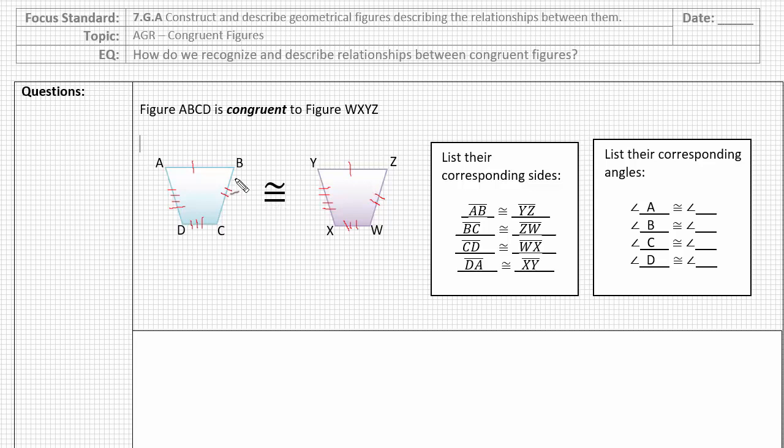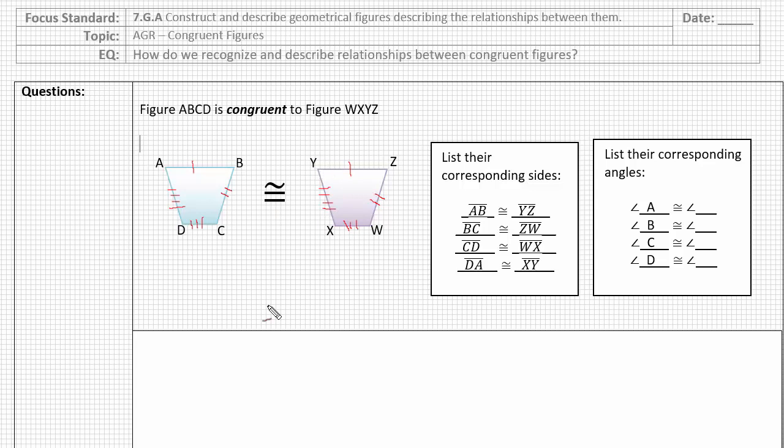BC is congruent and the corresponding side to ZW. Side DC is congruent and corresponding to side XW. And side AD, or DA as I listed it here, is congruent and corresponding to side XY.